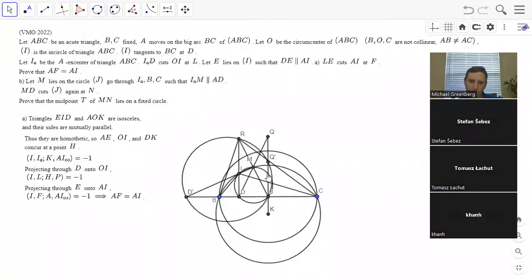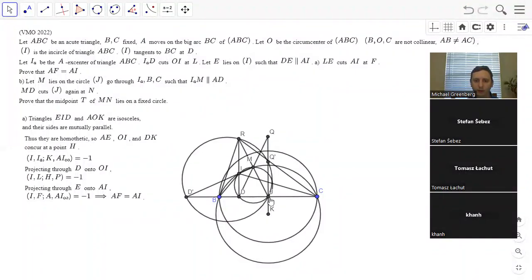So I'm kind of just trying to show that the tangent of this angle is QJ over DJ. So if I could show that the tangent of this angle times DJ is constant, that would solve it. That's exactly what I was thinking also. Okay.